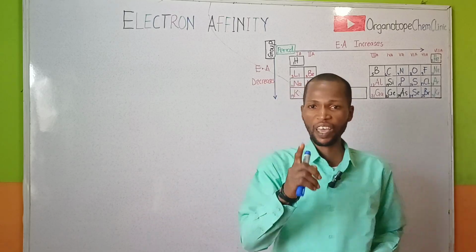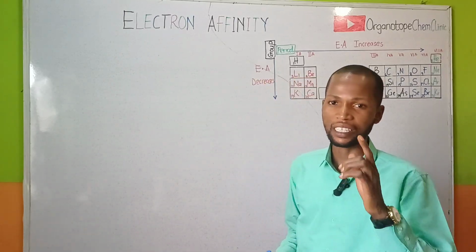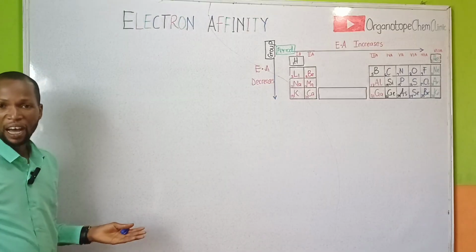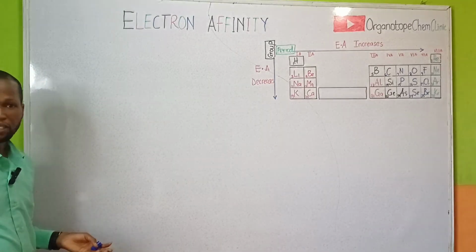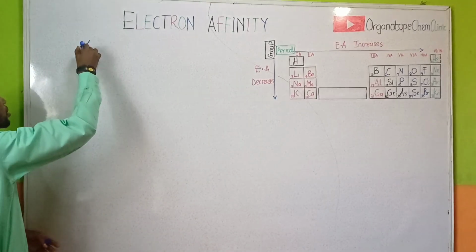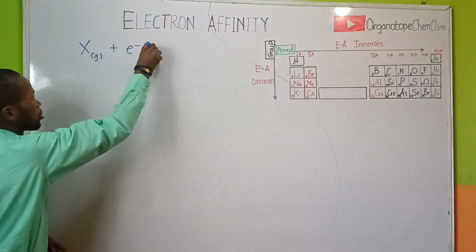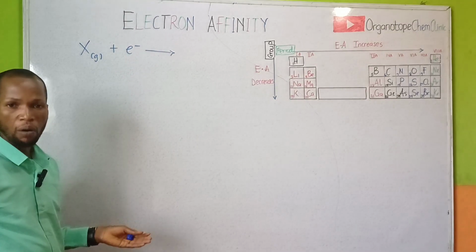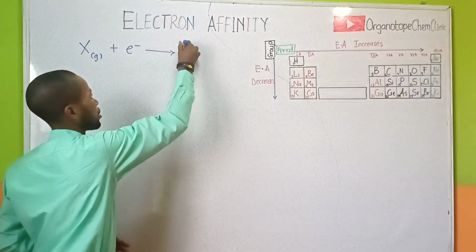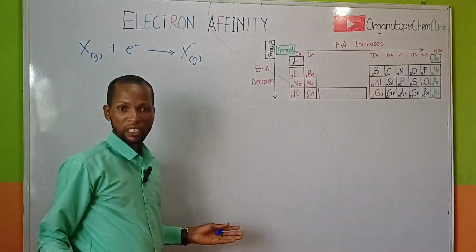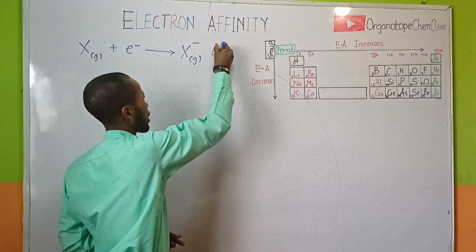So the addition of an electron to an isolated gaseous atom can be expressed in this way. We have addition of electron to an isolated gaseous atom X, resulting in the formation of a negative gaseous ion, which is accompanied by a loss of energy.